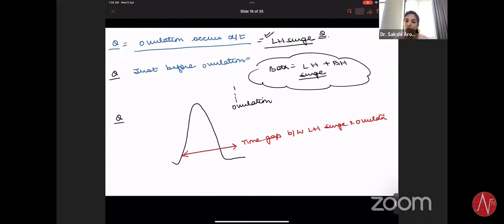Very, very important. Best answer is 32 to 36 hours. But कभी in your questions, 32 to 36 hours is not given. Then the second best answer is 24 to 36 hours.